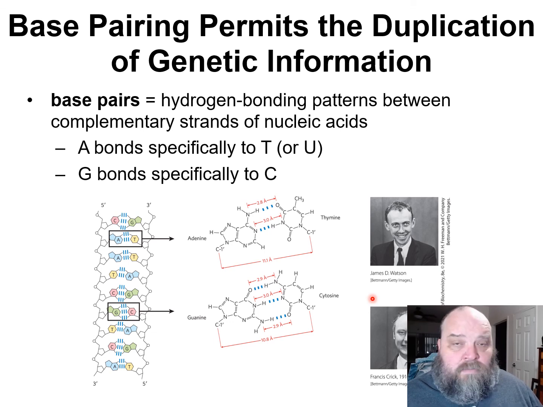They did what scientists do. They take in information from wherever they got it from, and they used it. They used it to figure out the true structure, this complementary base pairing thing, and they also figured out two and three. Individually, hydrogen bonds are extremely weak, easy to make, easy to break, but they're cumulative in effect.